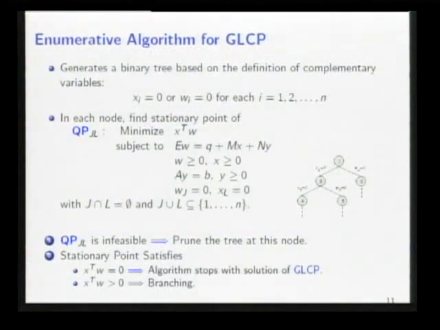In global optimization, most of the time the problem is not to find the global optimum, but to show that it is the global. That's the most difficult part. Here you have another criterion: if you get a stationary point in one of these branches with value 0, then you are done.